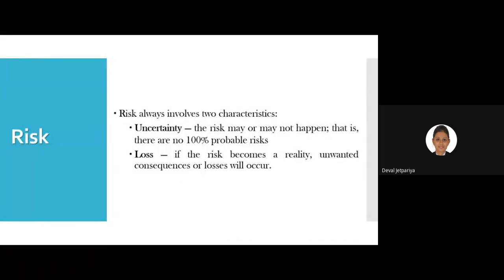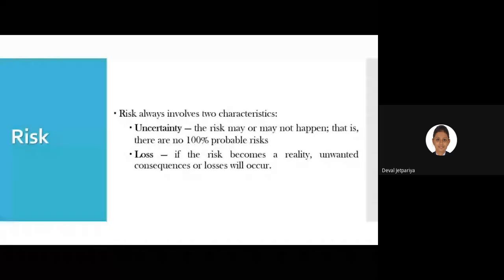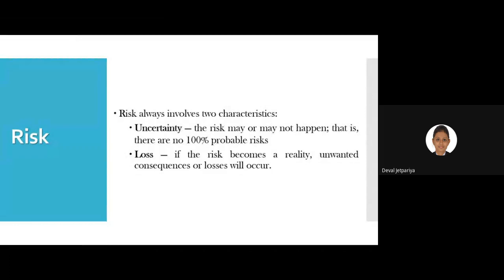It may happen, it may not. For example, a third wave of corona is totally uncertain, we can say, especially in India, right? And loss means if the risk becomes a reality, unwanted consequences or losses will occur. Definitely, there are some risks which for sure give you the loss.